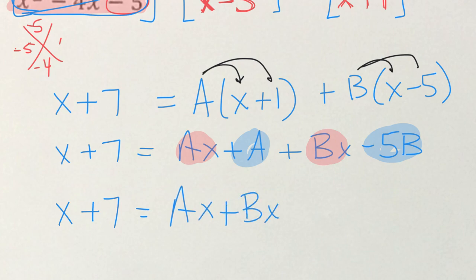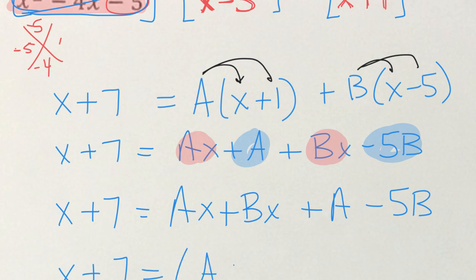We've now grouped the x stuff together. And then we have your a minus 5b, which is your non-x stuff. So then our last step is to factor out x from both of these terms. Okay, so I have a plus b times x plus a minus 5b.